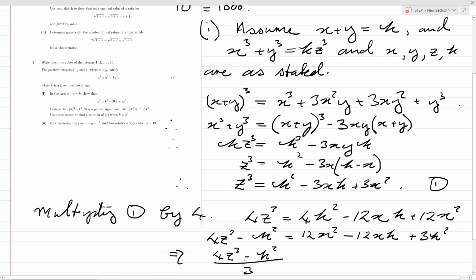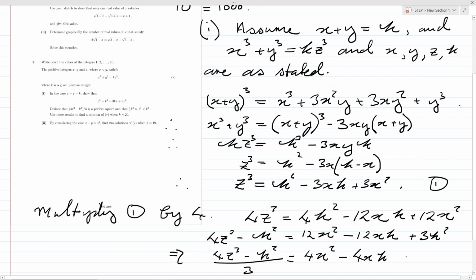So we get our required expression, and then we hope that this is going to help us. So we're going to get here 4x squared, subtract, sorry, is that right? 4xk, isn't it? 12 divided by 3 is 4. So we get 4xk, and then we have to add our k squared.